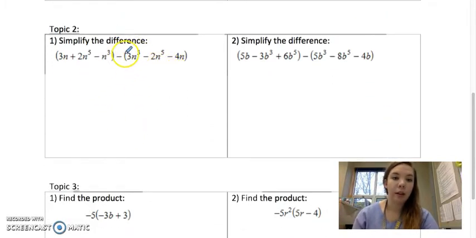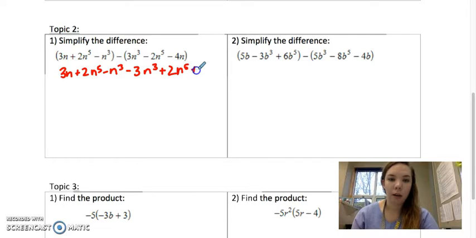Okay, the difference. What I like to do immediately here is change all of the signs in the second one. So this is now a negative 3n cubed, a plus 2n to the fifth, and a plus 4n.